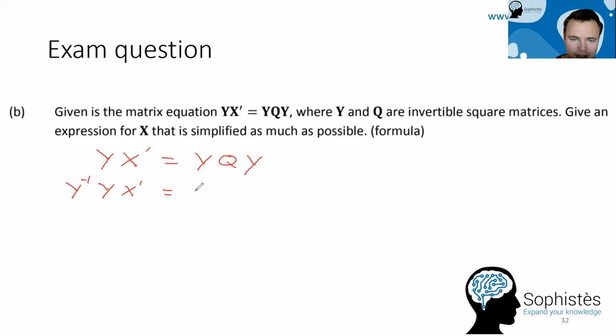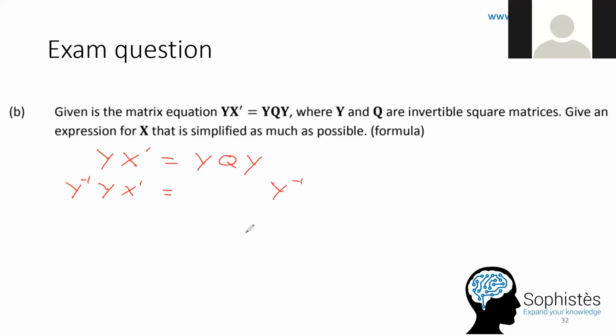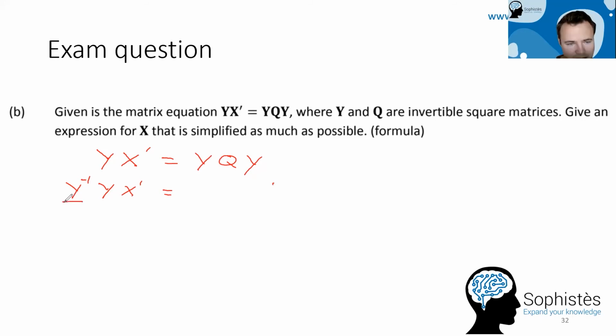Yes, on the left. So does it matter if I place the inverse here or if I place it on the right side? Yeah, it does matter, right? Yes, it does matter. If you place it here in front, you should also place it here in front. So indeed, this is the first step. Very good. Then what happens with those two here?